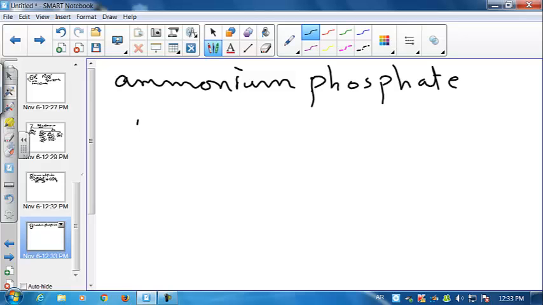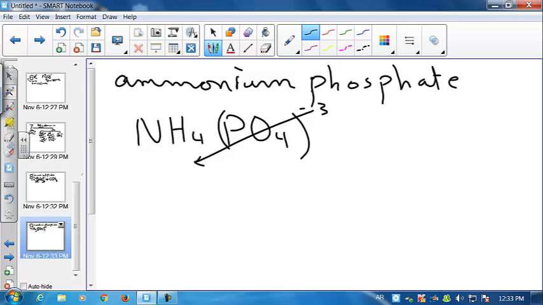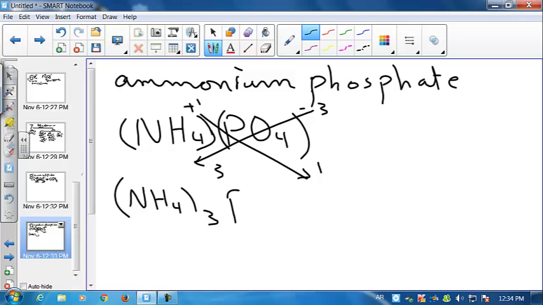The positive comes first, ammonium, NH4, and the phosphate comes second, PO4. This is -3. We put it under the ammonium, and this is +1. We put the number under the phosphate. One you may not write it, so it will be (NH4)3PO4, ammonium phosphate. Okay.